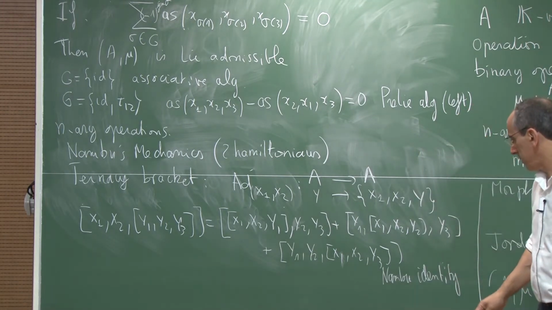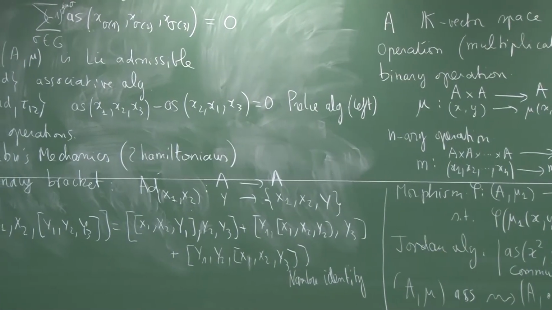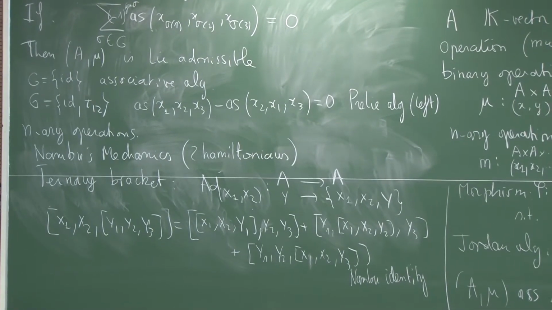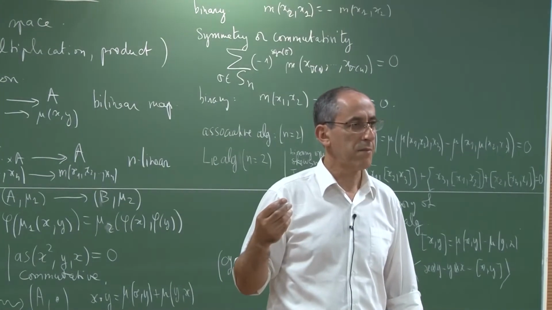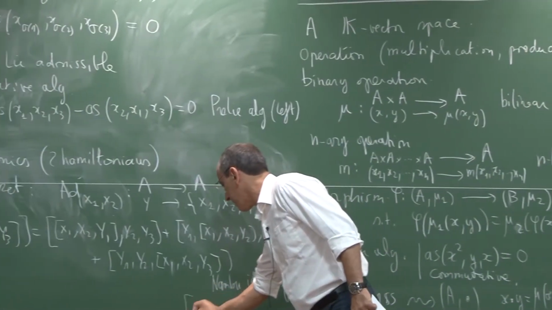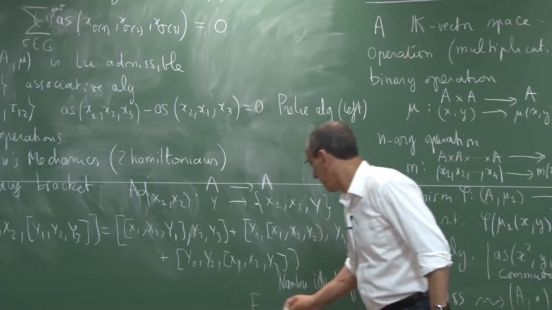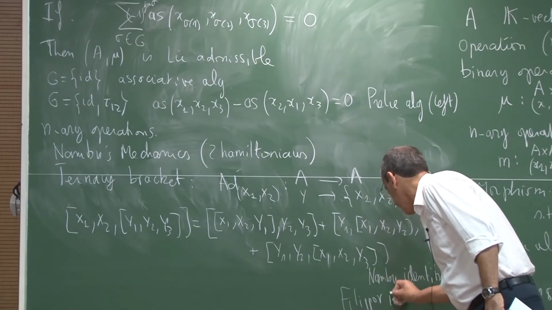And in fact, Nambu didn't find this identity. It was discovered by Filippov, a mathematician from Novosibirsk, and sometimes it's called Filippov identity.